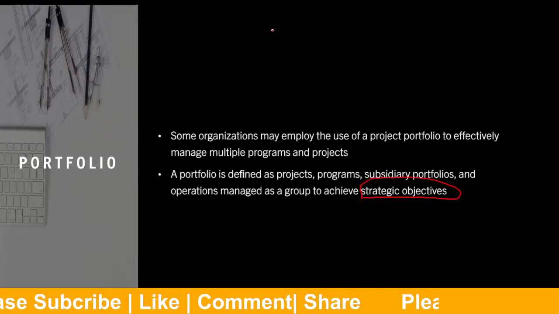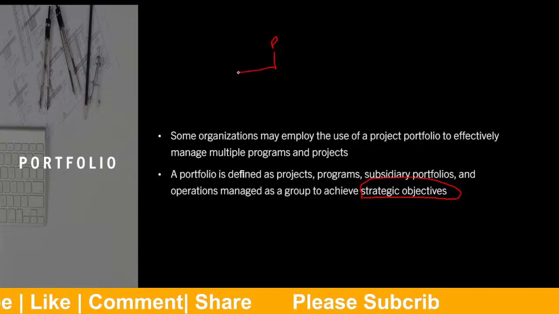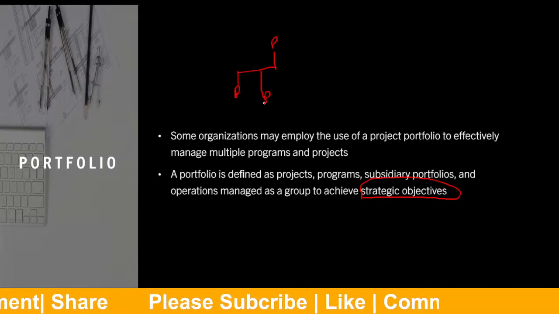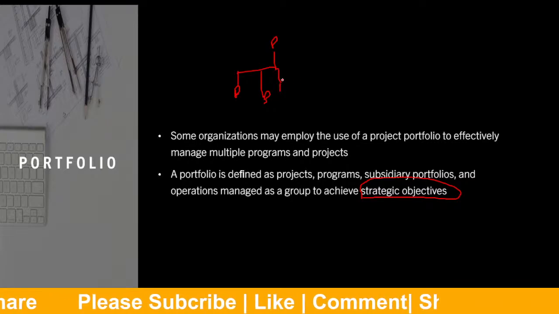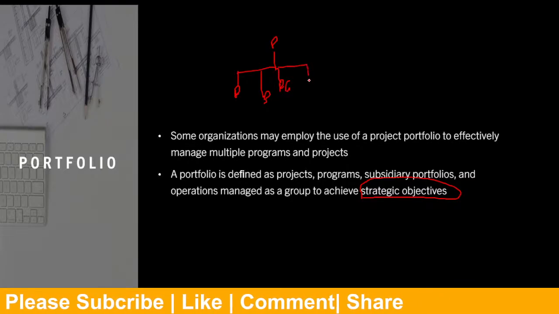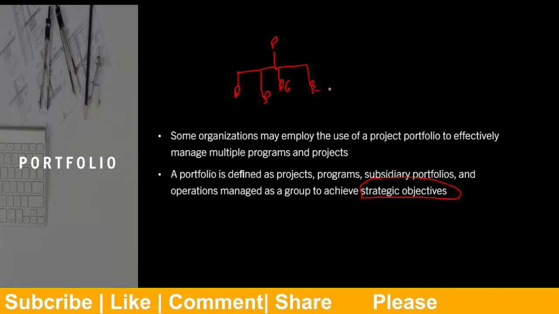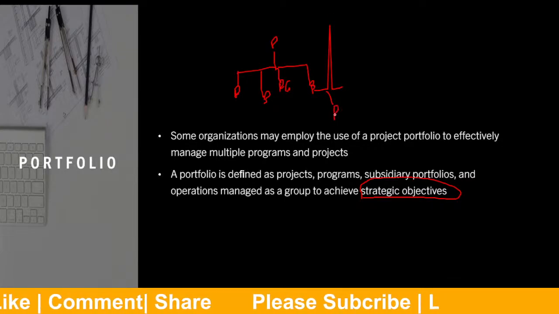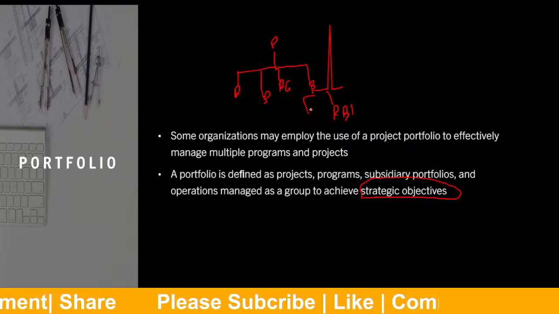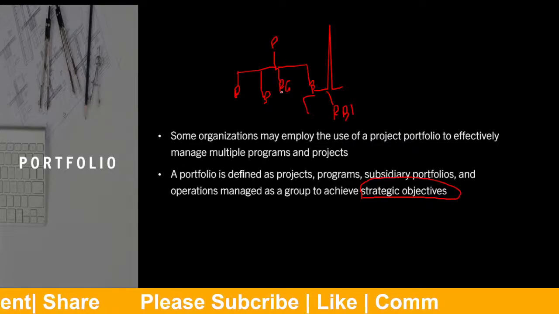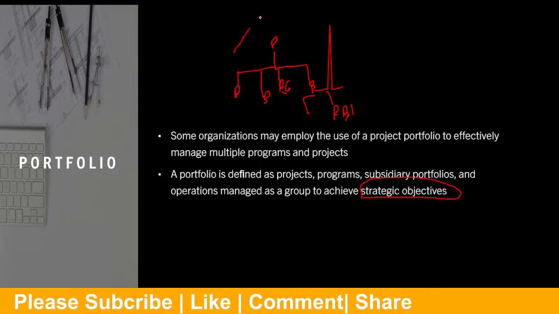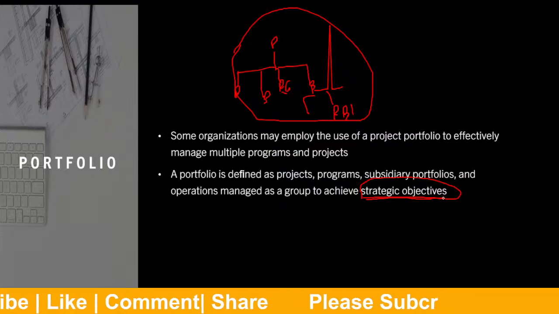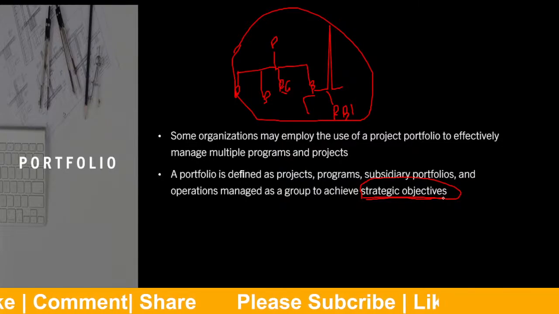So in a portfolio you can have project A, project B, program A, program B. Then program B will be divided into project B1, project B2, same as this. But the reason why it is called a portfolio is to achieve strategic objectives.